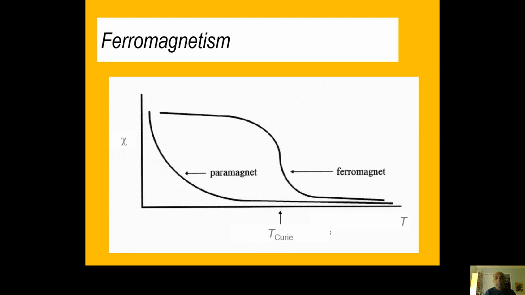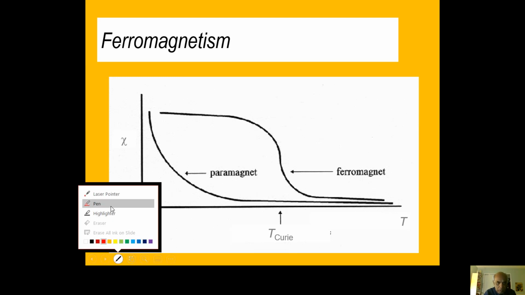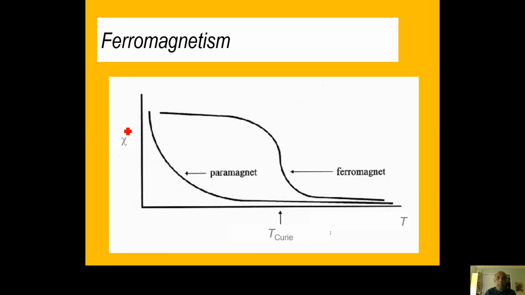If you look at the susceptibility as a function of temperature, we know for paramagnets the Curie law says kappa goes like C over T, right? But in the case of ferromagnets, we don't have strong temperature dependence until we reach that Curie temperature.